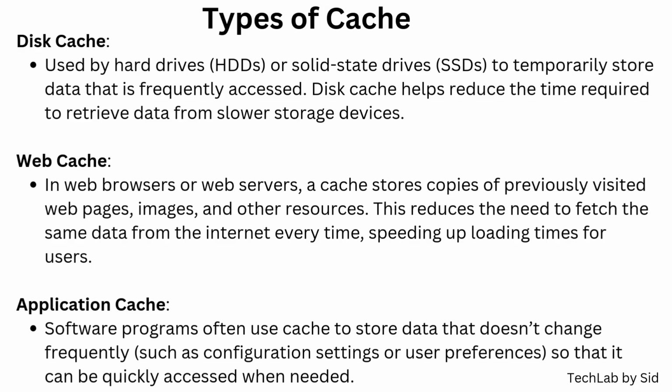This reduces the need to fetch the same data from the internet every time, speeding up loading times for users. Application cache. Software programs often use cache to store data that doesn't change frequently, such as configuration settings or user preferences, so that it can be quickly accessed when needed.